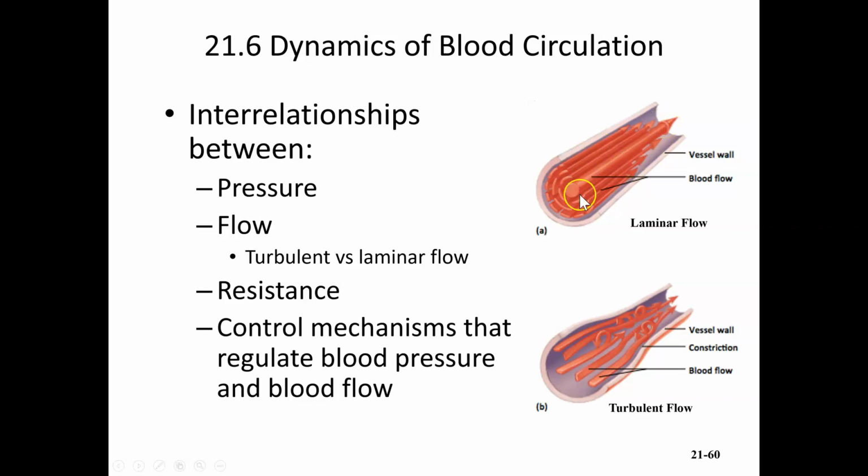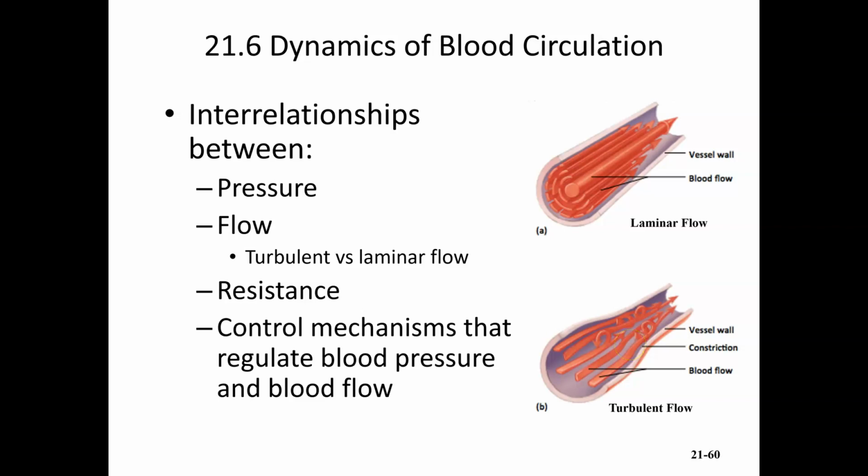You can compare this to the flow of water through a river. Now, if we have a rock or a more narrow region in that river, we are going to see turbulent flow. So basically, turbulent flow is any interruption that we have within laminar flow.